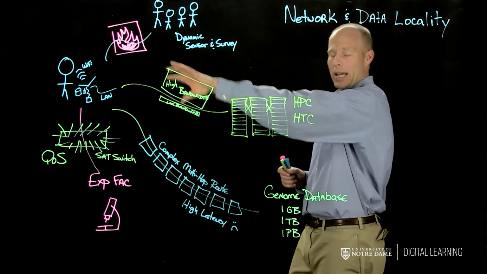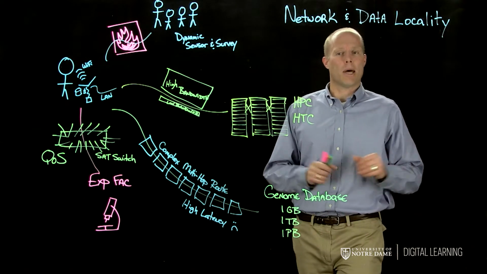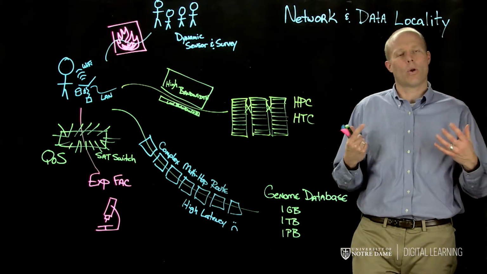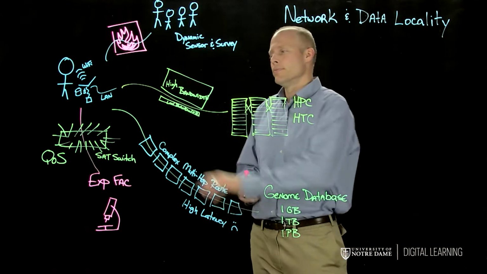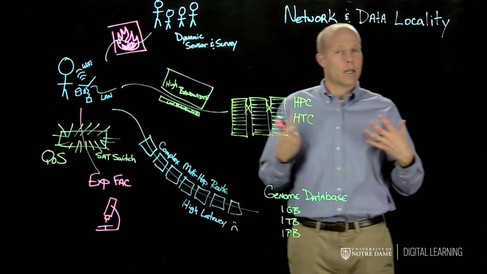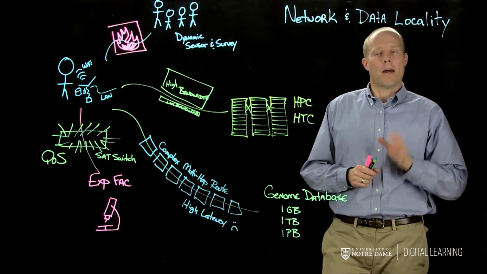We don't actually capture the data and we lose the data from that experiment, because we don't have control over the quality of service that we can expect for that particular network. So all of these parts are something that we need to think about, and there's more if we're going to optimize.